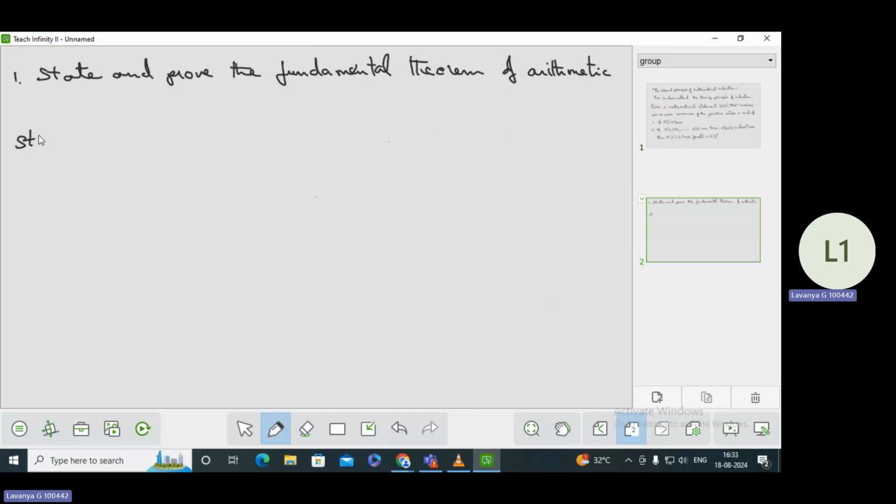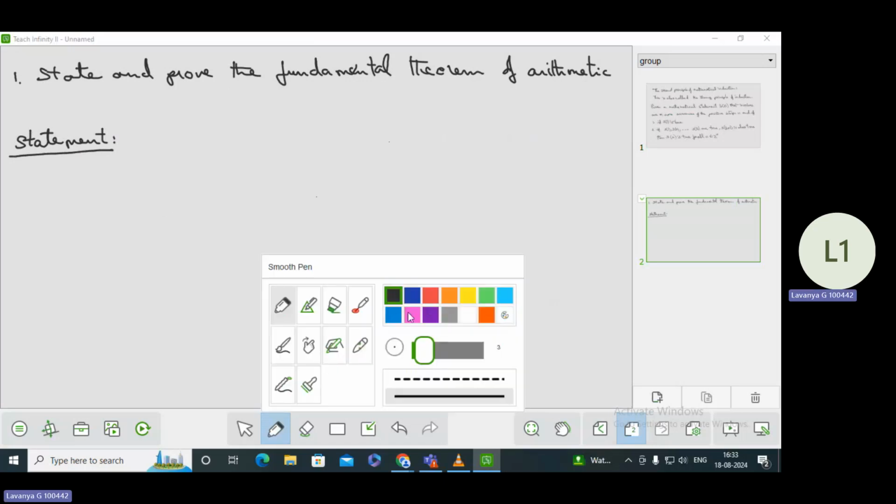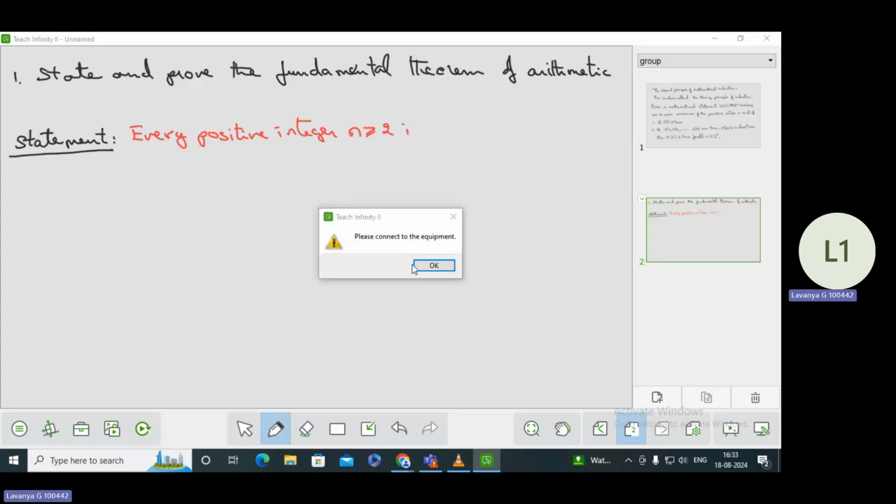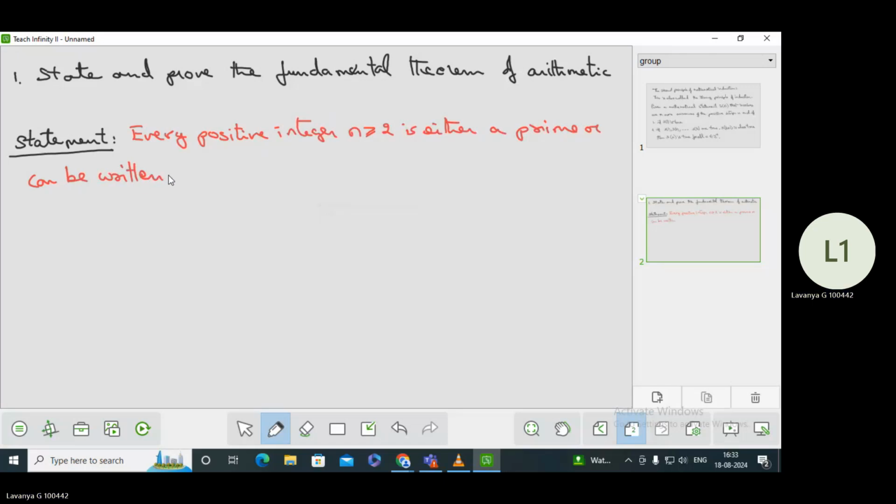So the statement is: every positive integer n which is greater than or equal to 2 is either a prime or can be written as a product of primes.